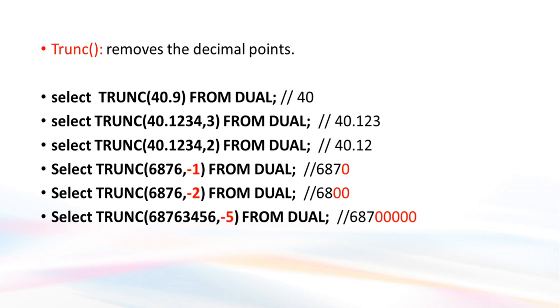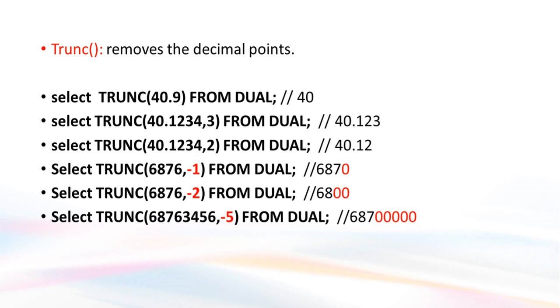But if I provide two values, the first value is a decimal number, and second, we need to specify how many characters we should still keep. For example, here 40.1234, I am specifying 3, meaning after the decimal point just keep 3 characters and remove the rest. So it will return 40.123; 4 is removed because after the decimal only 3 should be printed.